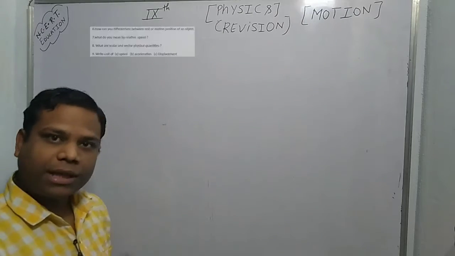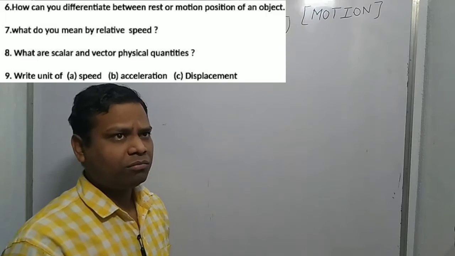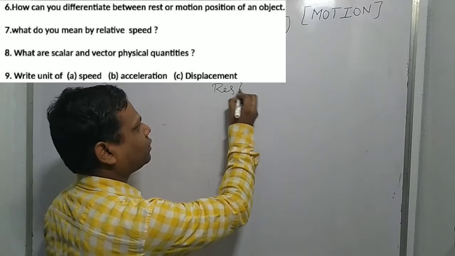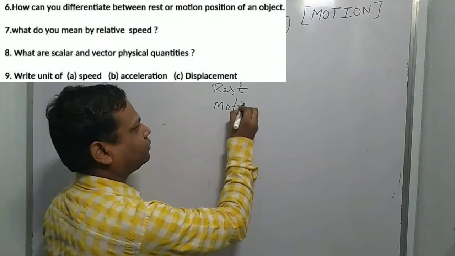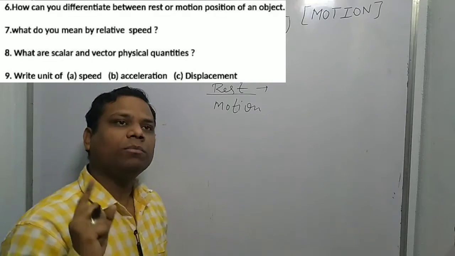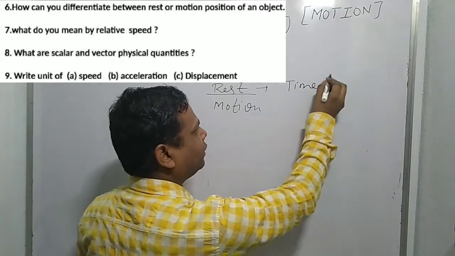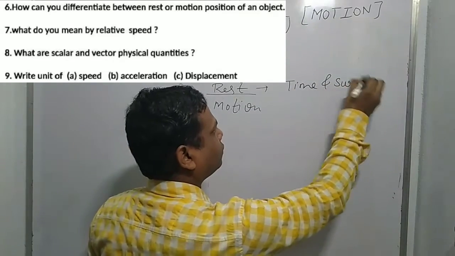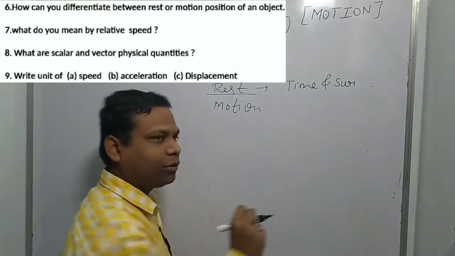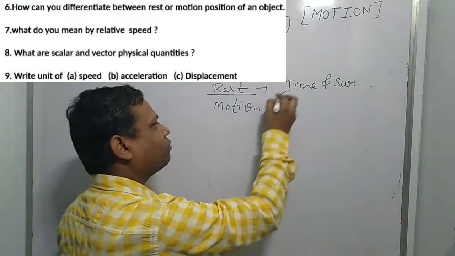Students, first question: how can you differentiate whether an object is at rest or in motion? Listen students, when an object changes its position with respect to time and surrounding, then it is said to be in motion.